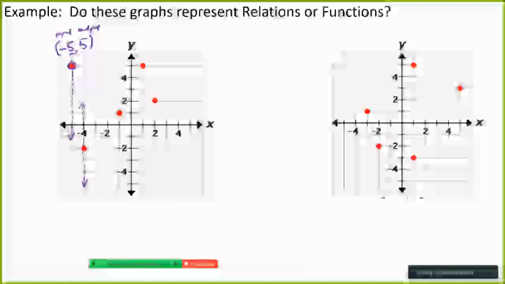I see it won't hit any more. And if you check the rest on the first graph, it looks like none of these are going to hit another red dot. So I'm doing the vertical line test, just visually scanning it, looking for, does it hit part of the graph more than once? No, this one doesn't. So this is a function.